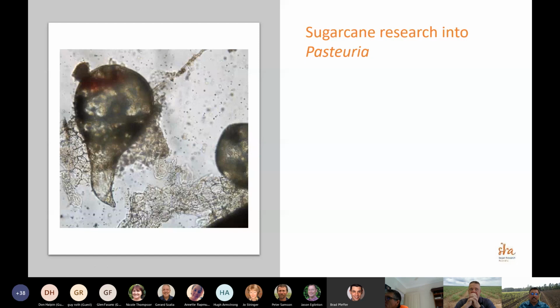So we have done some work. We wanted to see what the situation of Pasteurella is in the sugar industry. So we developed a research project to assess the distribution of Pasteurella penetrans, which is a parasite of root knot nematode, in the Australian sugar industry.